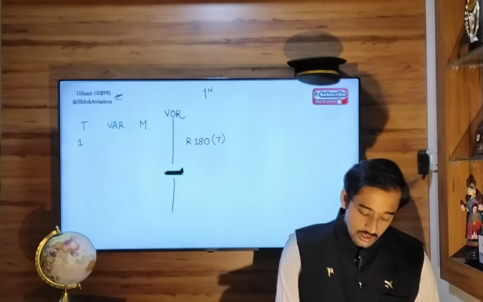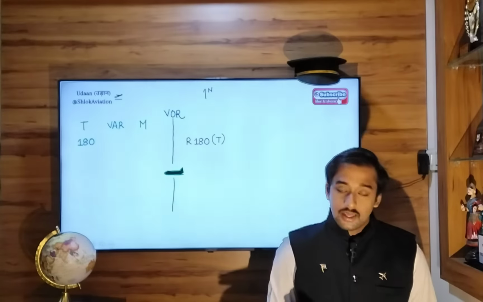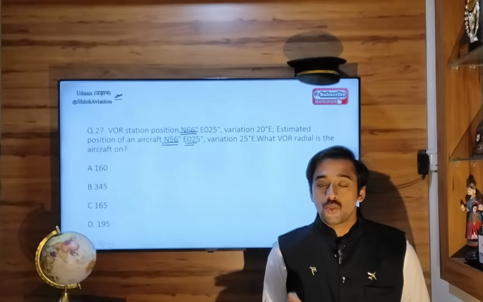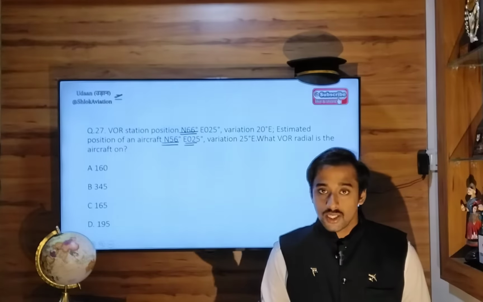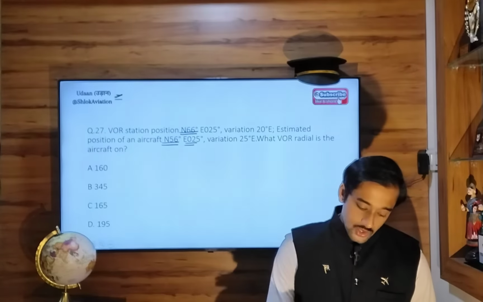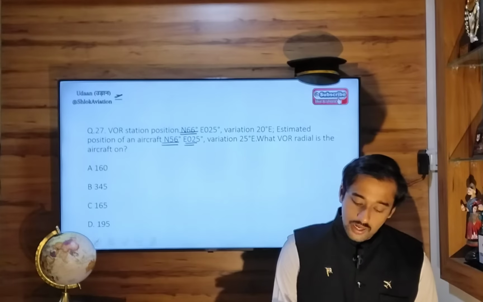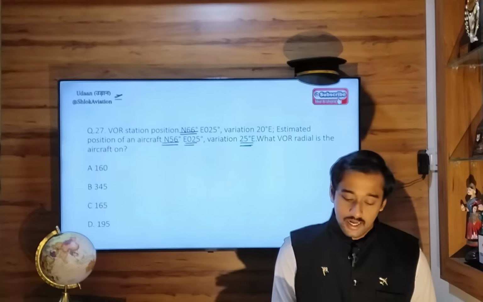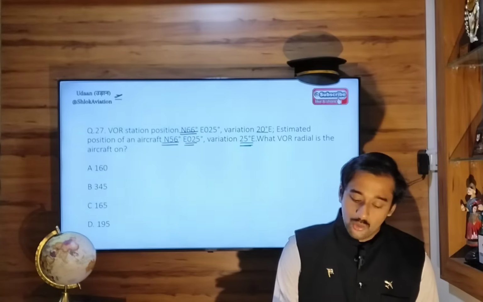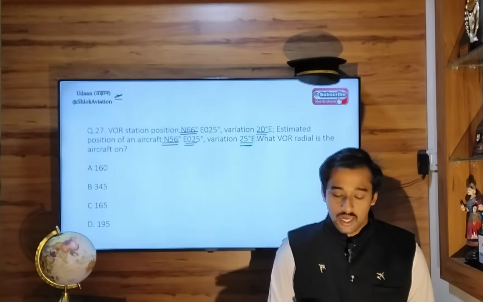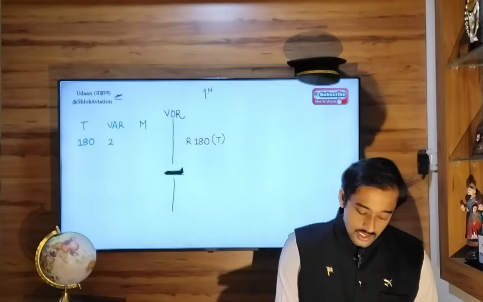What is true? It's 180. Now variation. In case of VOR questions, we will use the variation available at the VOR station, not your aircraft. So variation at aircraft location is 25° east. Disregard that. Variation at VOR is 20° east. So use this variation, 20 east.